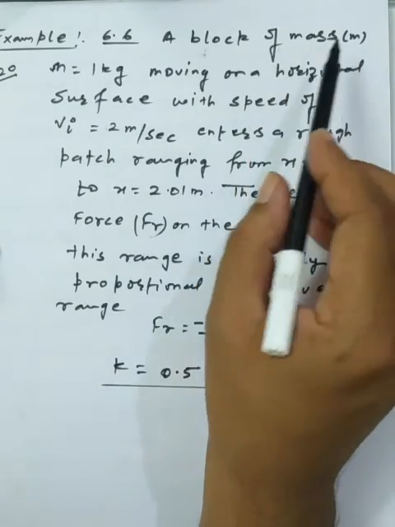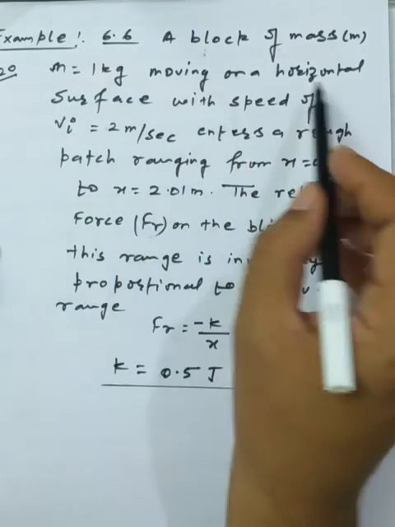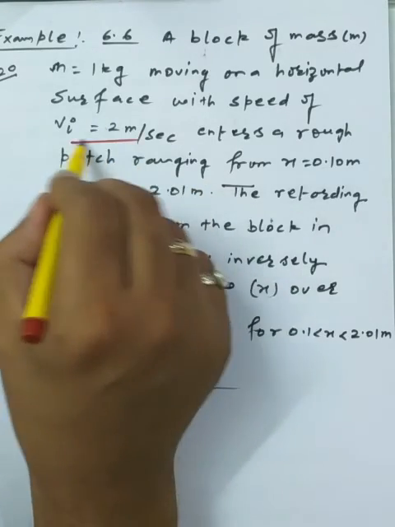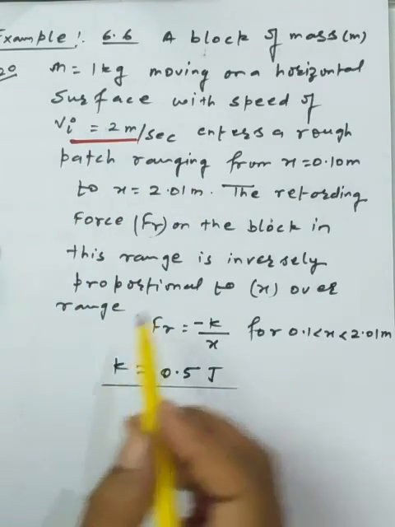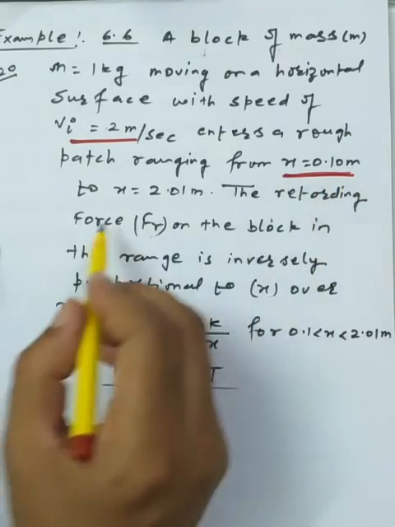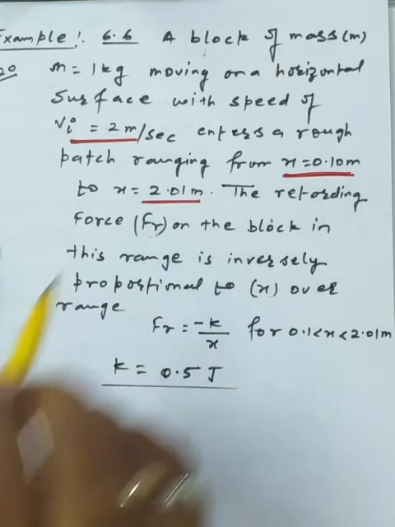A block of mass 1 kilogram is moving on a horizontal surface with an initial speed v initial of 2 meters per second, and enters a rough patch from x equal to 0.1 meter to 2.01 meter.